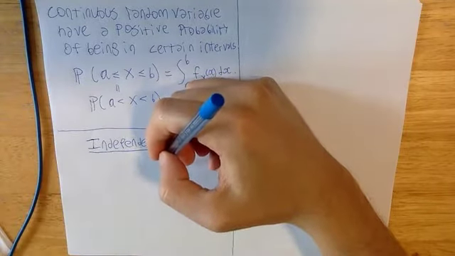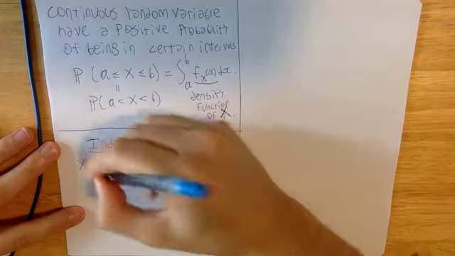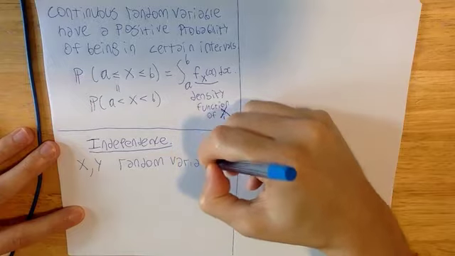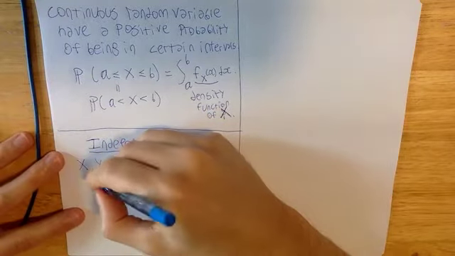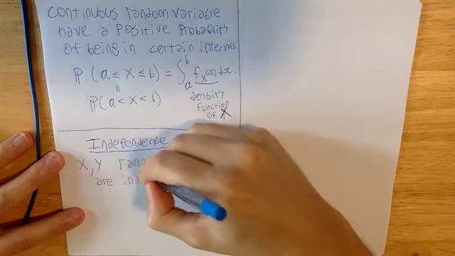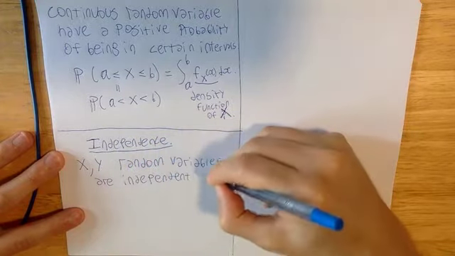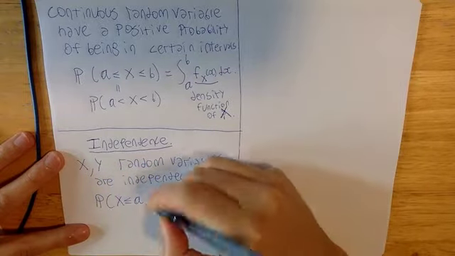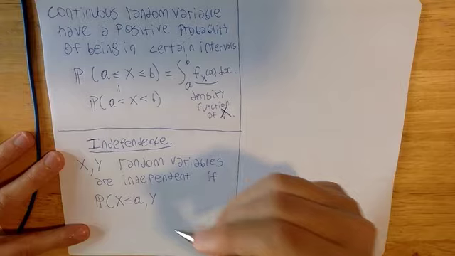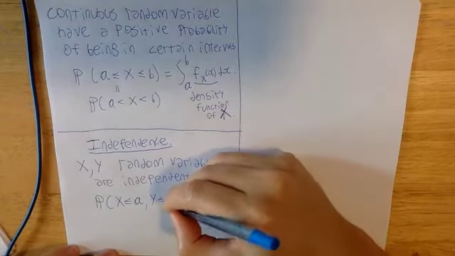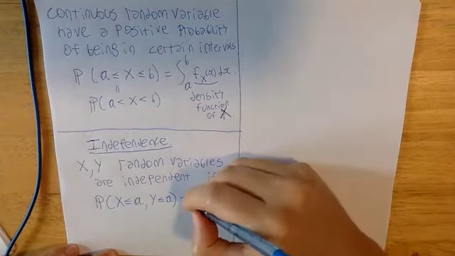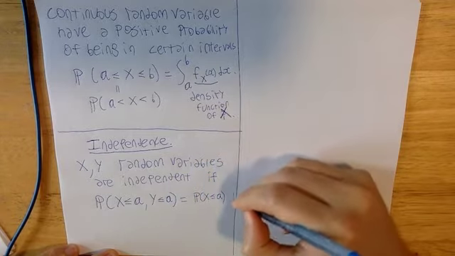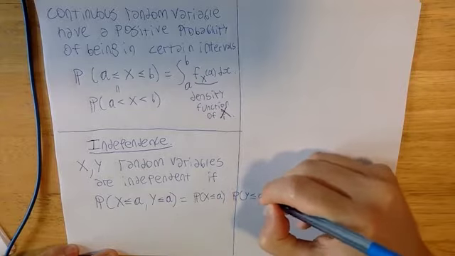We say that X, Y random variables are independent if the probability that X is less than or equal to a, intersection Y is less than or equal to a, is exactly equal to the probability that X is less than or equal to a times the probability that Y is less than or equal to a.